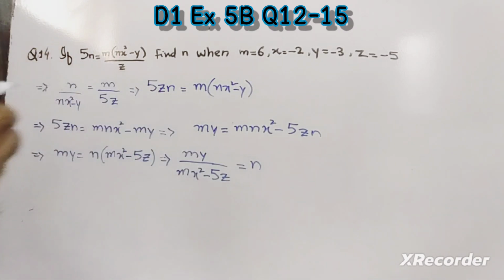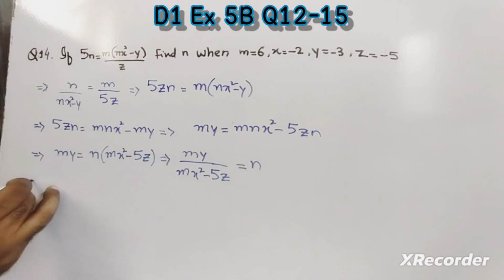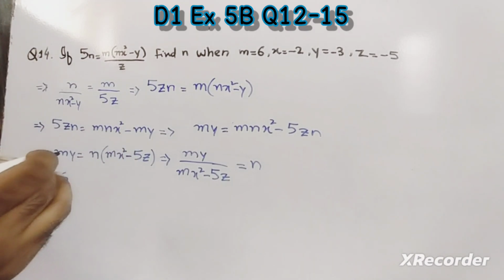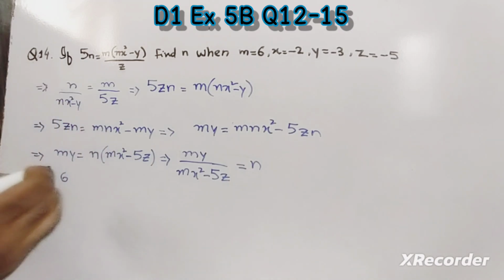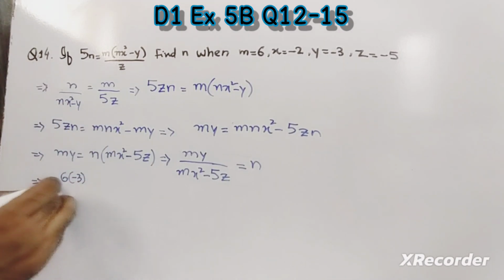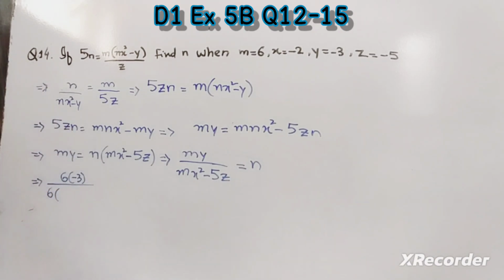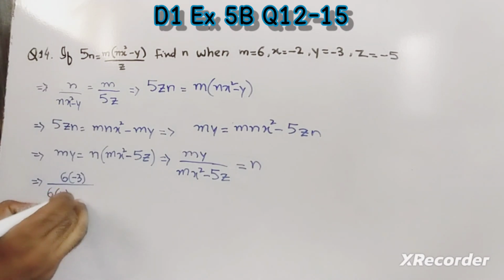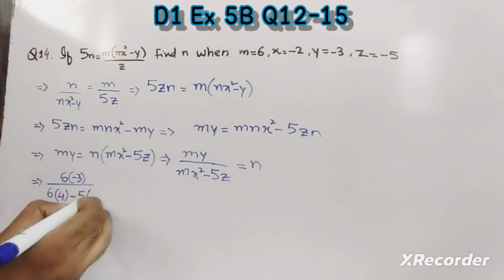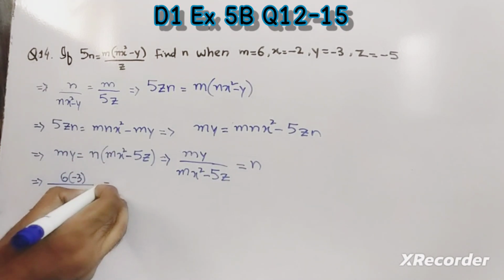Now putting the values that are given, like that, m is 6 and y is minus 3, so 6 multiplied with minus 3 is, okay, we will see. Now m is 6 into x square, x is minus 2, the square of minus 2 is 4, minus 5z, z is minus 5, is equal to n.